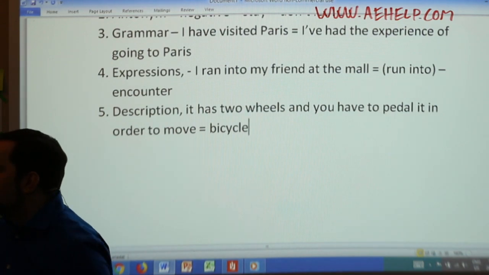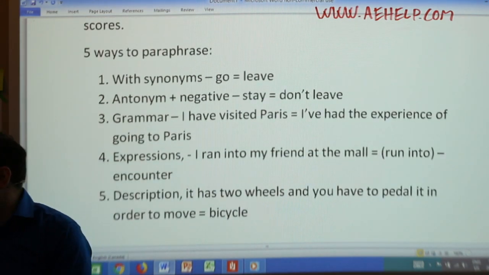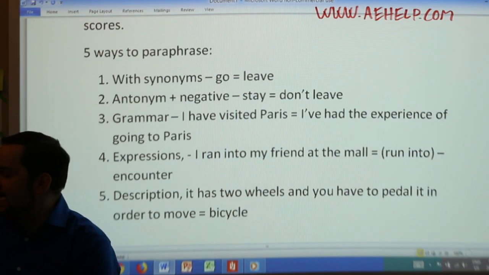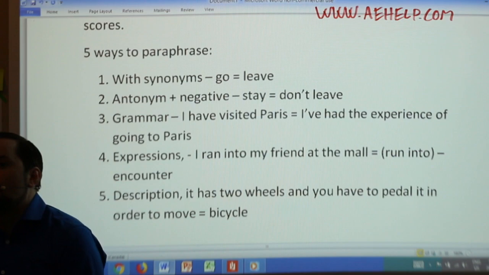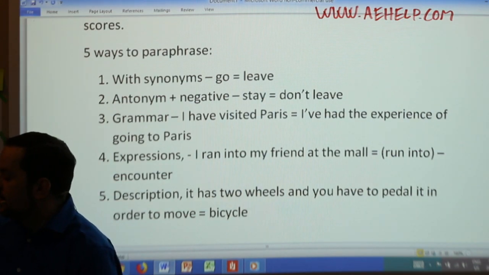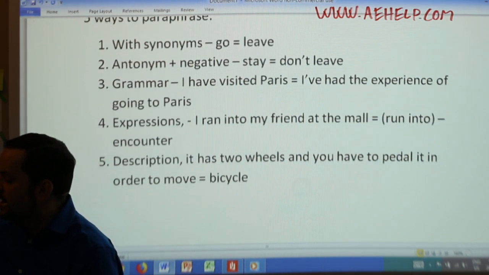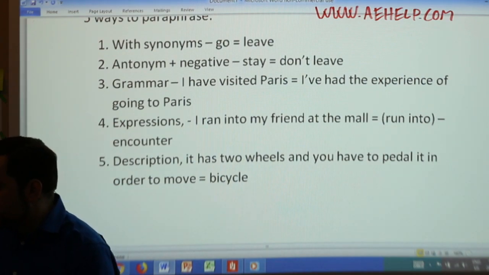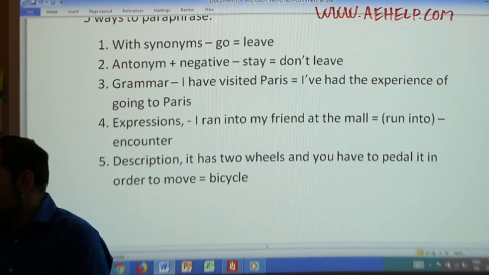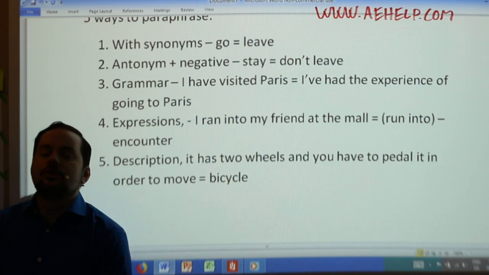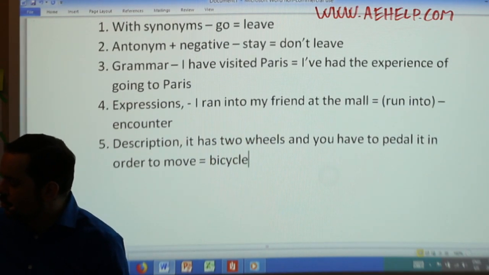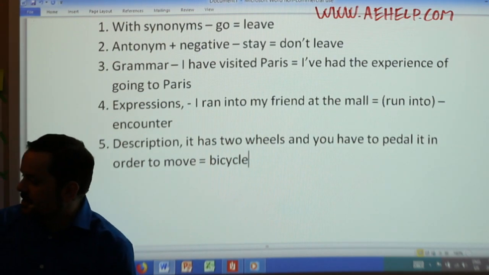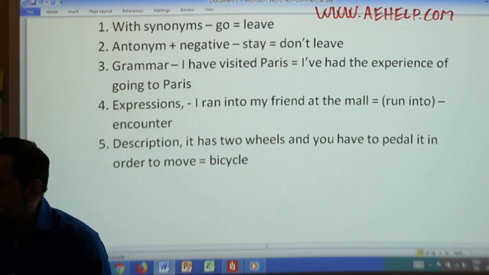Yeah, that's right. Okay, guys, so these are the ways to paraphrase: synonym, antonym, negative, grammar, expressions, description. If I want to create an easy question and answer, I will use just one of these paraphrasing skills, like synonyms. If I want to create a more difficult question, I can use 2 of these. For example, I can combine a synonym with an expression or a description.